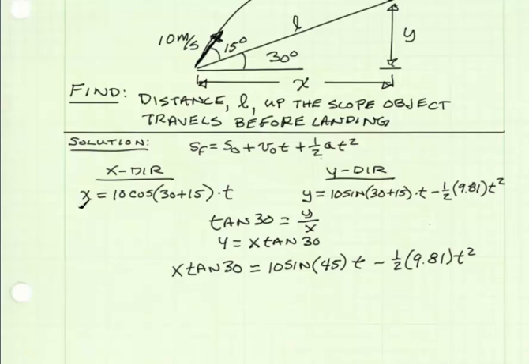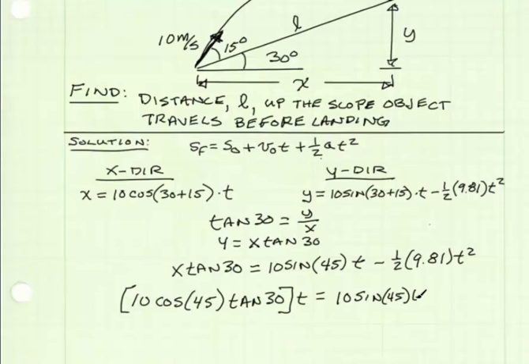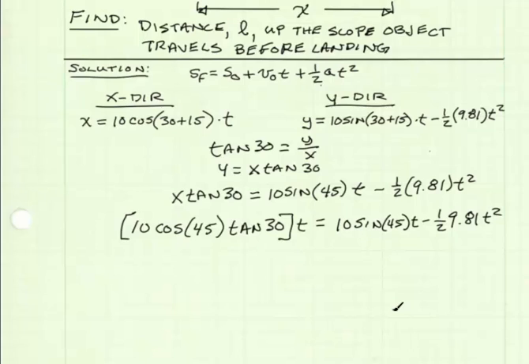However, from this equation, we know what x is, and we can plug that into here. 10 cosine 45 tangent 30t is equal to 10 sine of 45t minus 1/2 9.81 t squared.